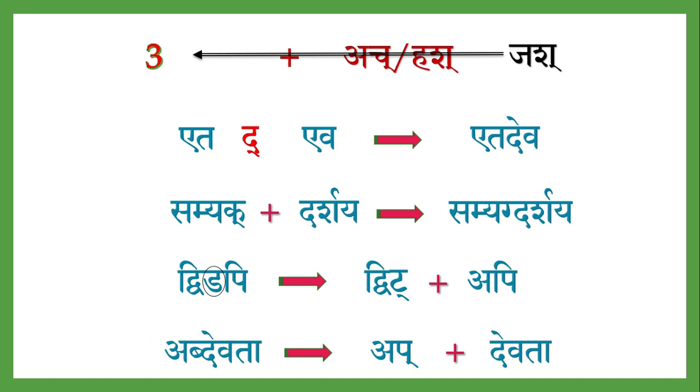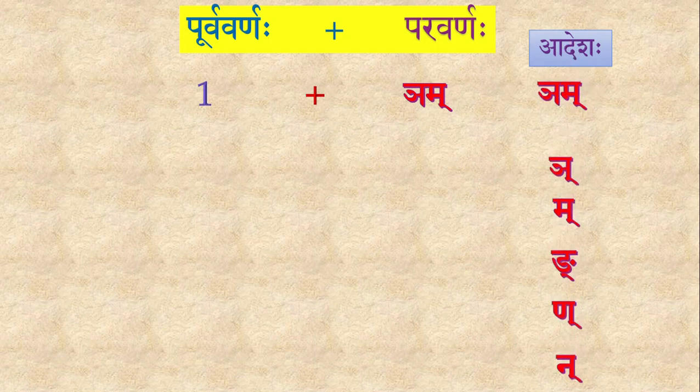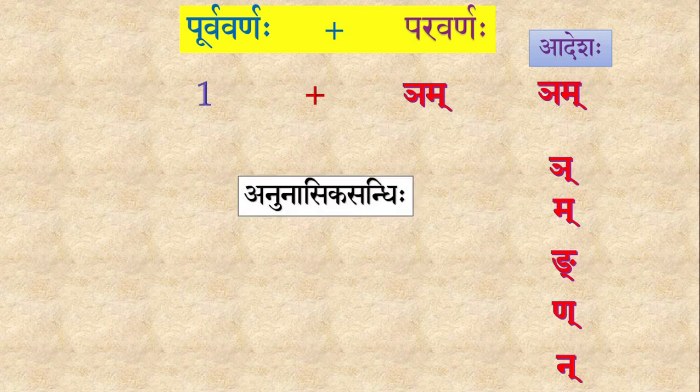In the next Sandhi, we have the first letter of any Vargaha as the Purva Varnaha, and the Paravarnaha can be any letter from the Nyam family. Such a Sandhi is called Anunasika Sandhi, since the Adeshaha here is a Anunasika Aksharam.